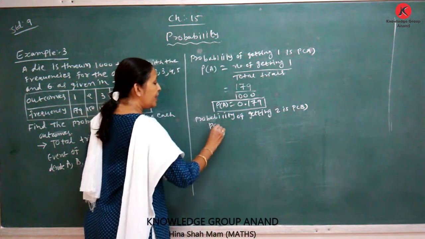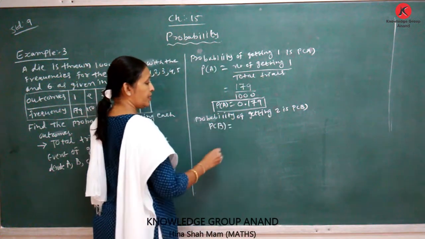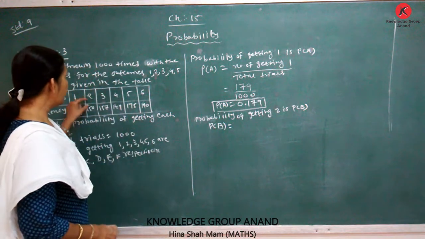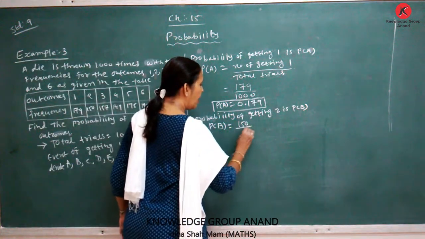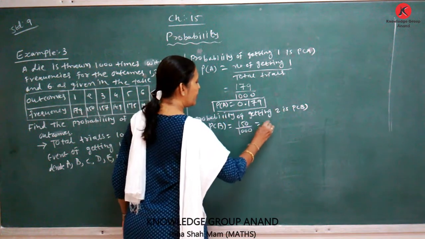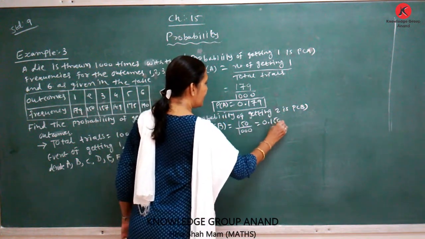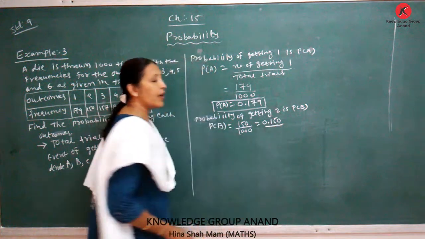Then P(B) is equal to the number of getting 2, 150 times, upon 1000. Then you write 0.150 or 0.15.